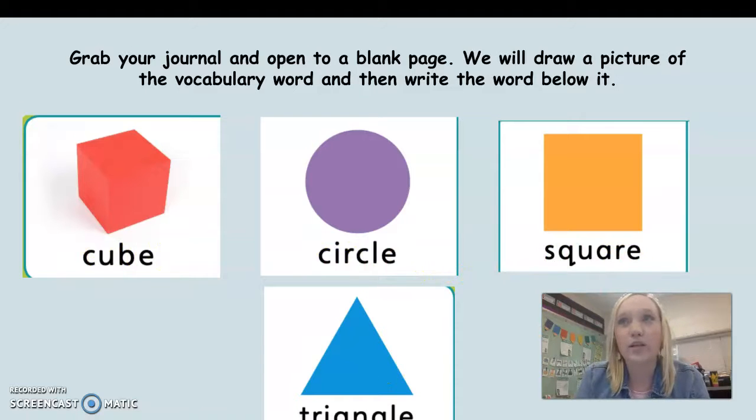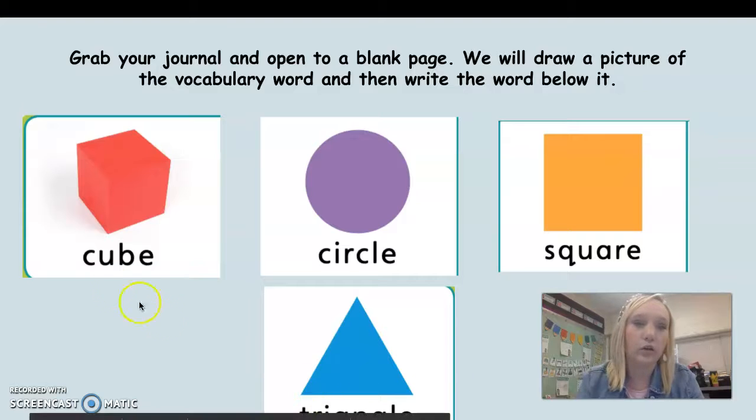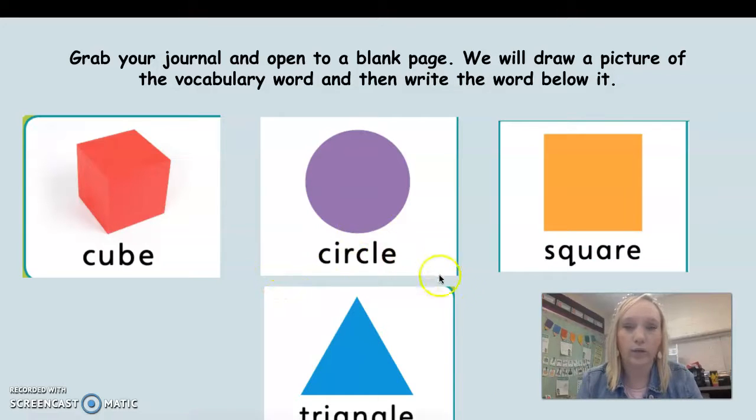It's important that we keep a journal of all of the words that we learn so that if we forget something, we can always go back to that page and look at our journals. So you're going to open your journal that I sent home with you and draw the pictures of the words: cube, circle, square, and triangle. You're going to draw the picture and then write the word below it. So go ahead and pause this video so that you can write your words in your journal.